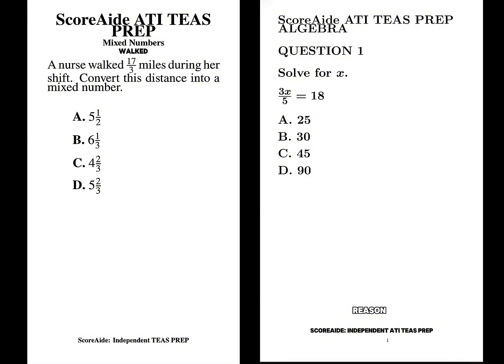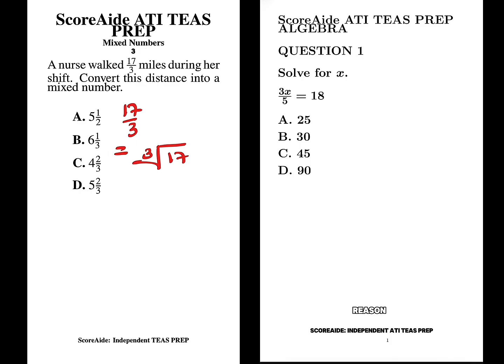A nurse walked 17/3 miles during her shift. Convert this distance into a mixed number. So we have 17/3. The closest whole number that can divide 3 without a remainder is 15.